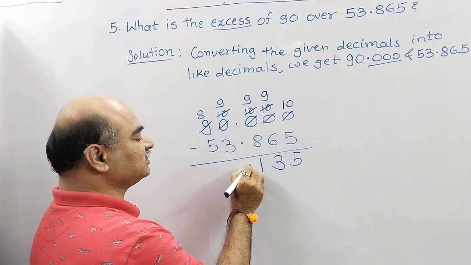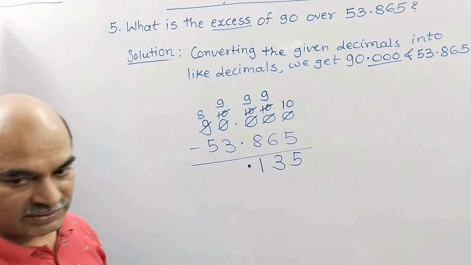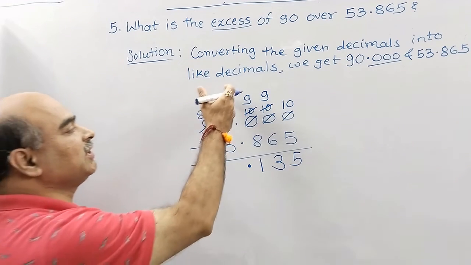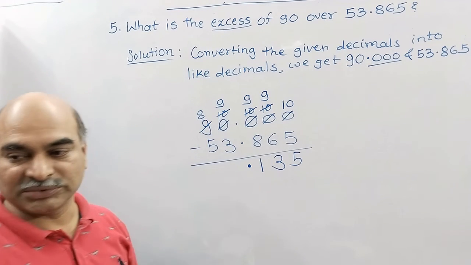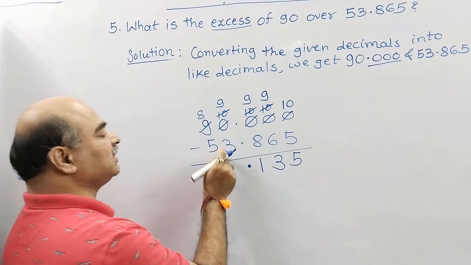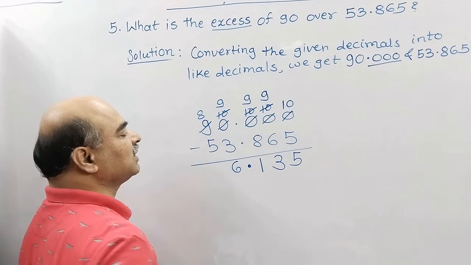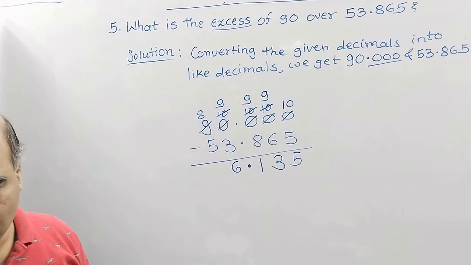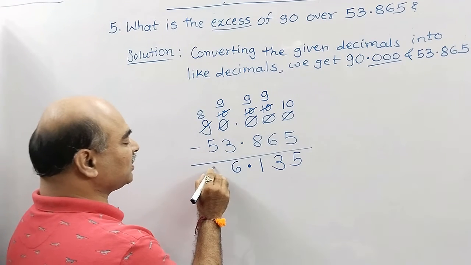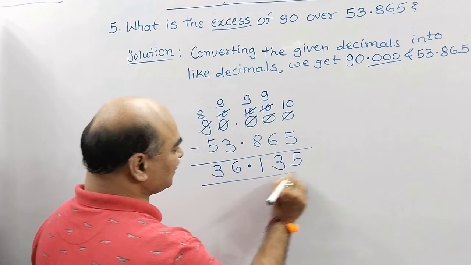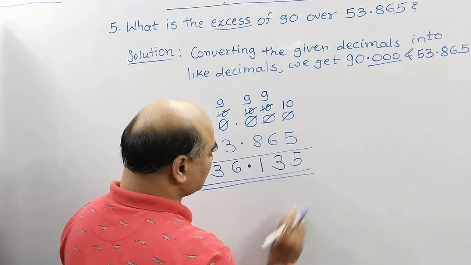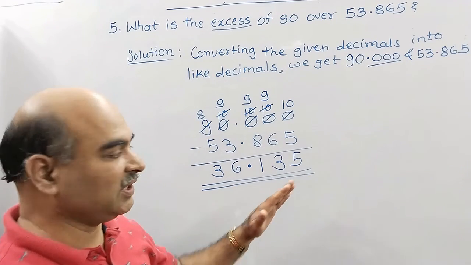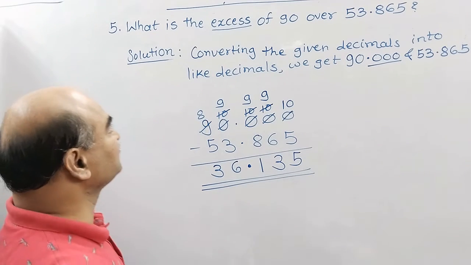Don't change the place of the decimal point. Now 9 minus 3 is 6. And 8 minus 5 is equal to 3. So what is the final answer we got here? 36.135. Correct. 36.135 is the final answer.